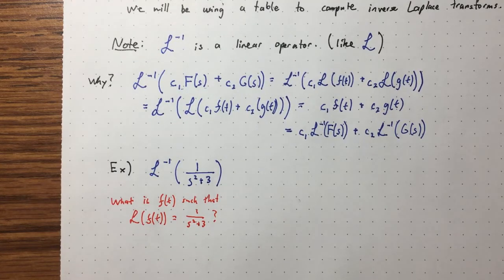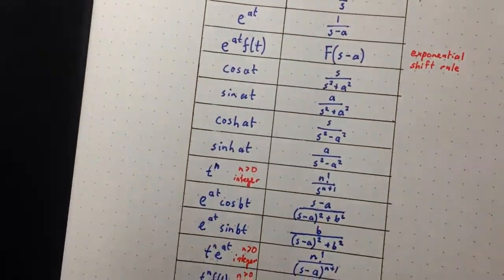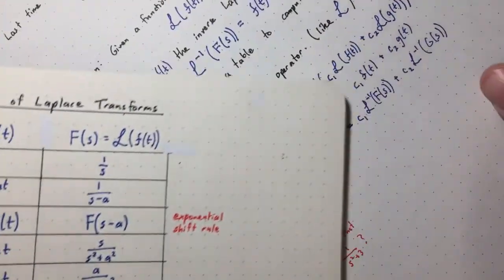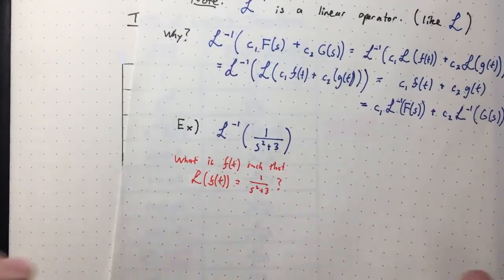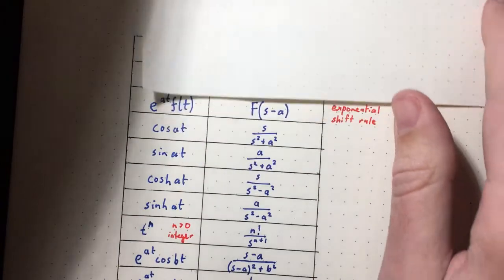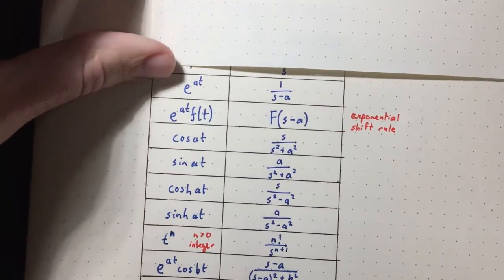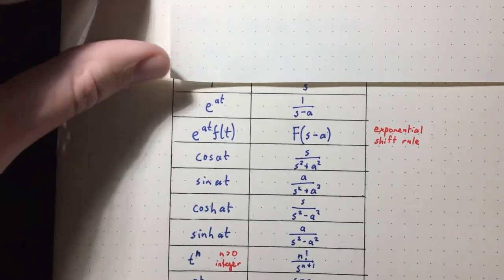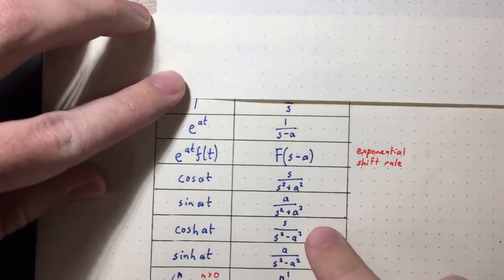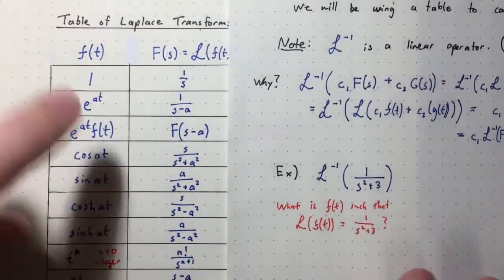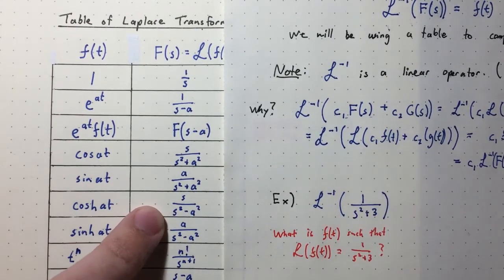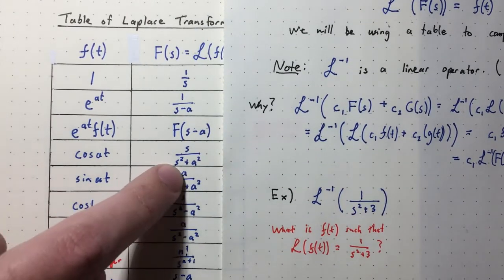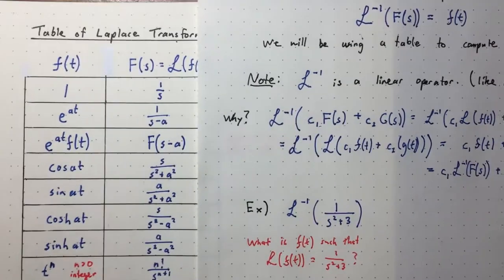Okay. And again, I said we're going to use our table. So let's look at our table, and we want to see basically if this looks like anything in the table. Well, it doesn't exactly. So it's similar to these ones right here, sine and cosine. However, the cosine has an s in the numerator, and we don't have that. This one has the number a in the numerator, so let's make note of this formula.